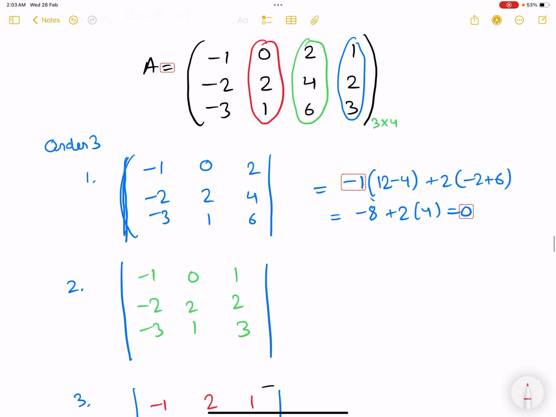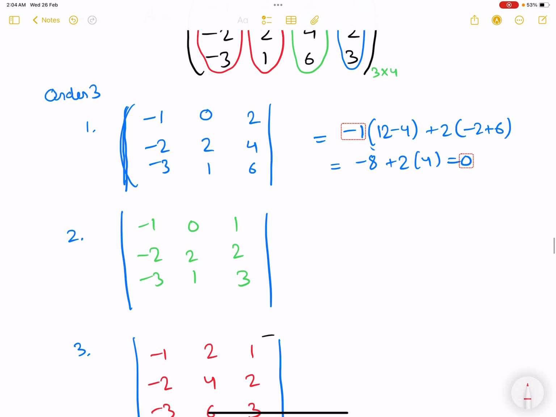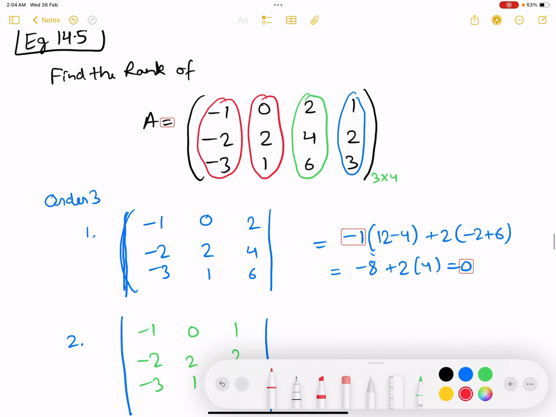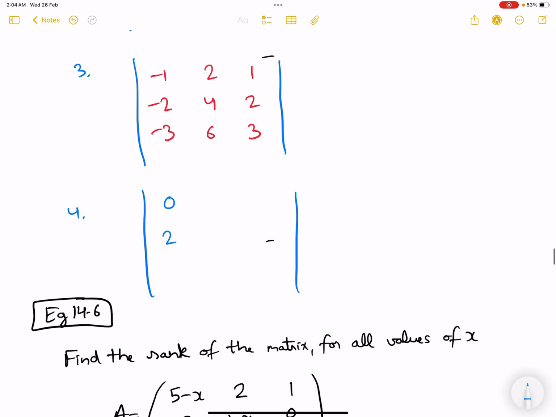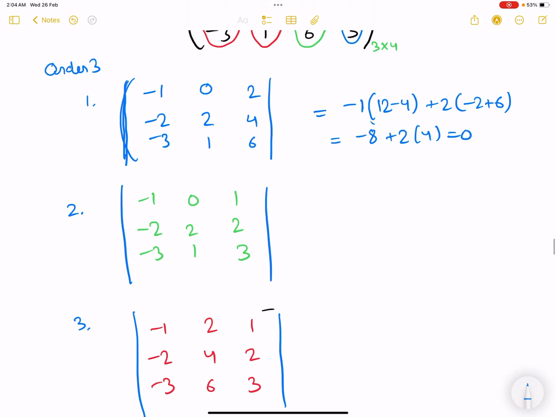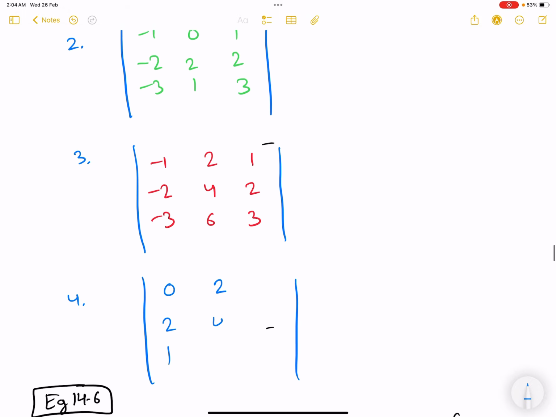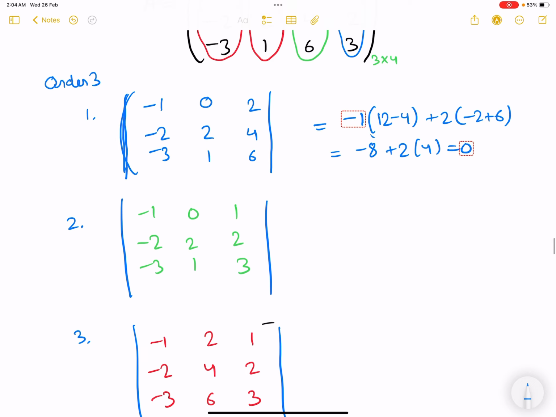And in the last one we will remove the first element only, so it would be 0 2 1, 2 4 6, 1 2 3. Now this is coming out to be 0 and we need to check.